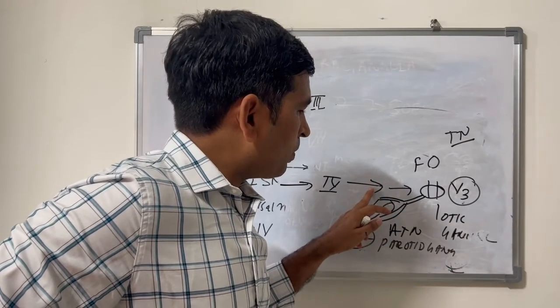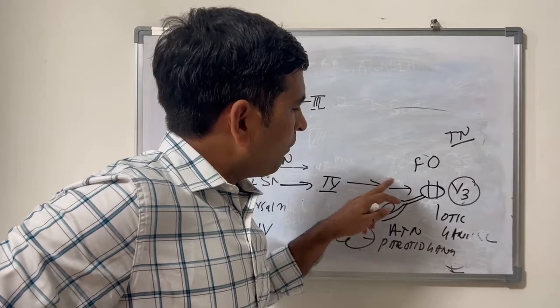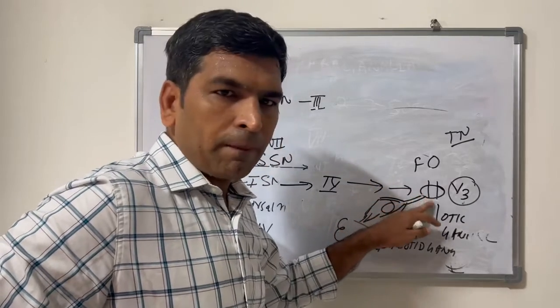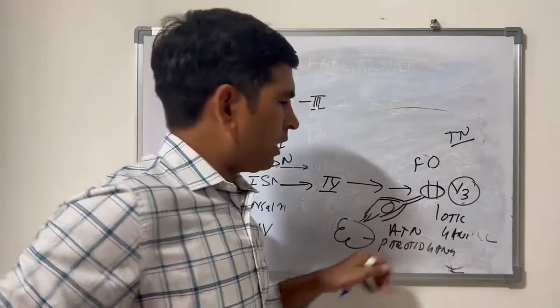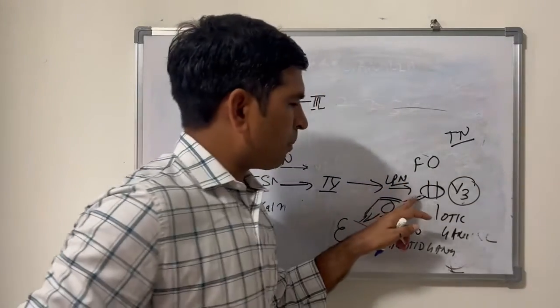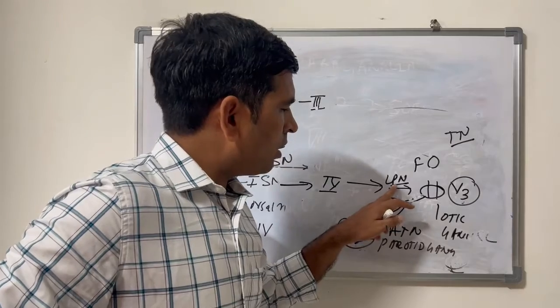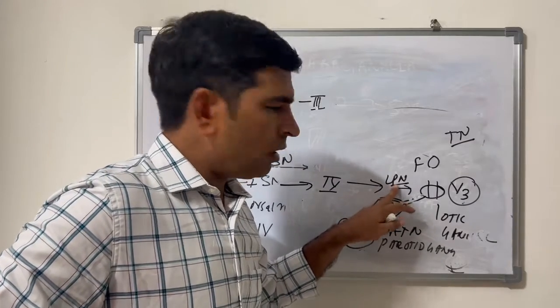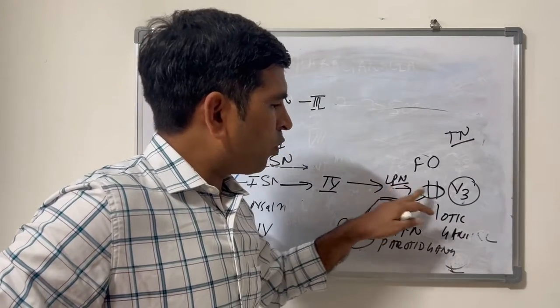This lesser petrosal nerve comes and merges with the otic ganglia. The lesser petrosal nerve has the preganglionic fiber, it means before the ganglia.